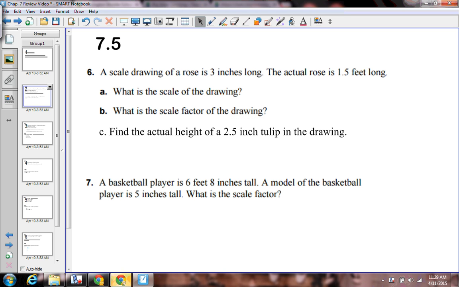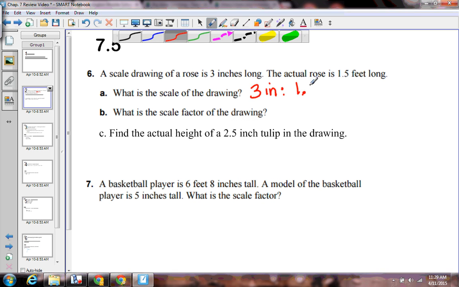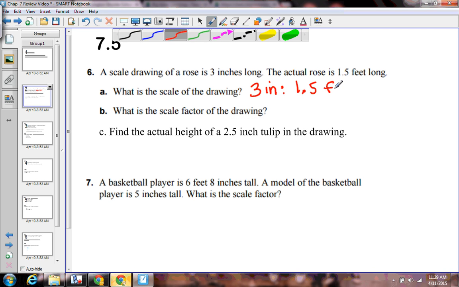Okay, so if we're trying to find the scale of the drawing, we always put the scale model number first. So 3 inches, and we put the actual next, so that's the 1.5 feet. And then we want to simplify that so it's to 1 inch in this case.